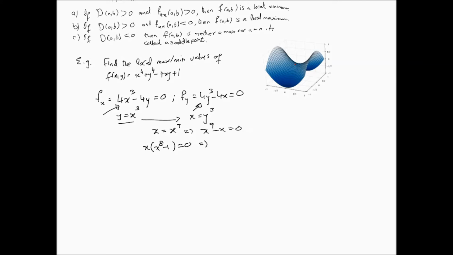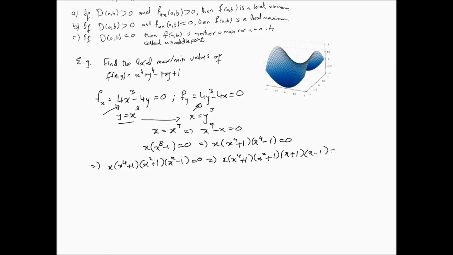This implies that this can be further factorized, so it's going to be (x^4 plus 1) into (x^4 minus 1) equals 0, which further implies we can further factorize that into (x squared plus 1) into (x squared minus 1) equals 0, which can be further factorized. This should be the final one. So we end up with (x plus 1)(x minus 1) equals 0.